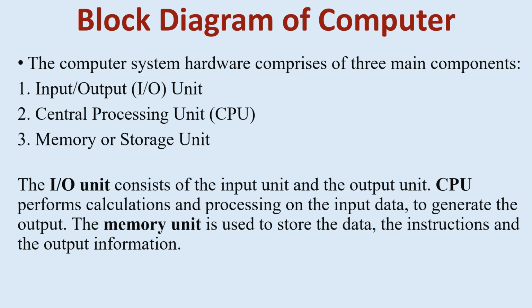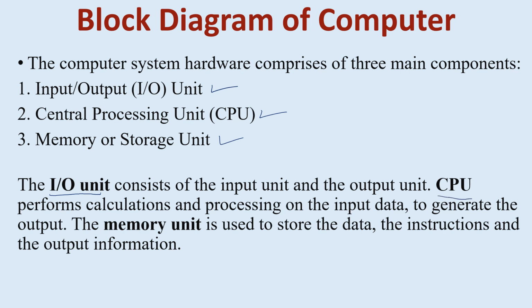So the computer system hardware consists of three main components. First one is the input output unit, second one is the central processing unit, and third one is the memory or storage unit. The input output unit consists of the input unit and output unit.